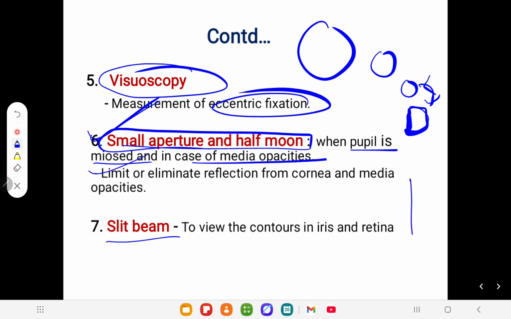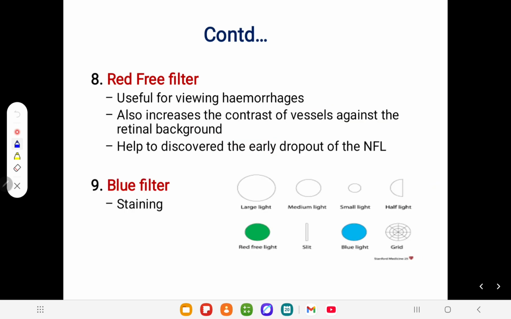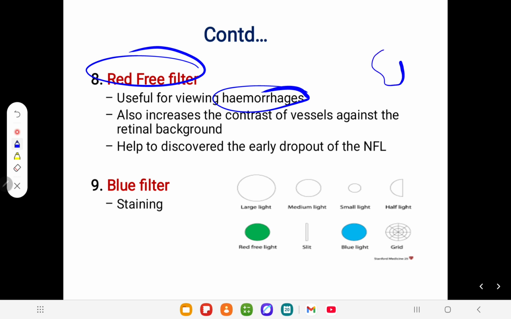There is a slit beam, always very helpful to see the iris and retina. If you suspect any hole in the iris, then you can use this slit beam. Okay, red free filter, isn't it? That's very good for viewing hemorrhage, because whenever we put the red free filter, the red thing just looks black, isn't it? That's the red free.